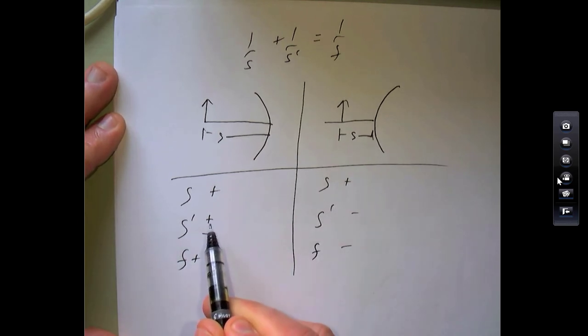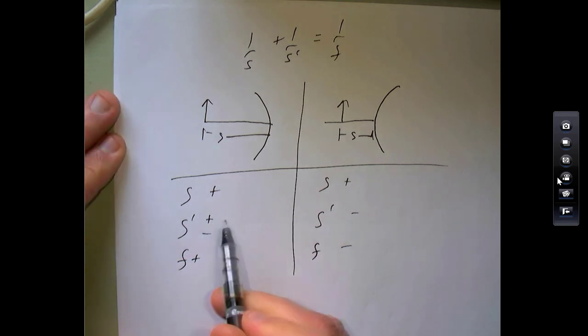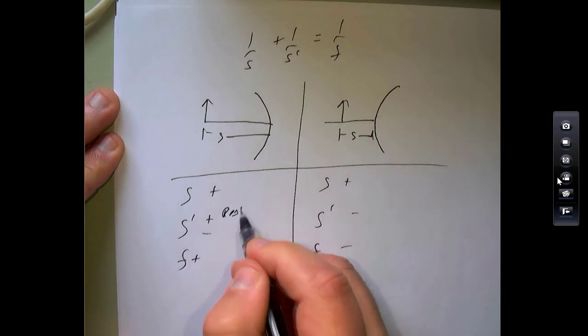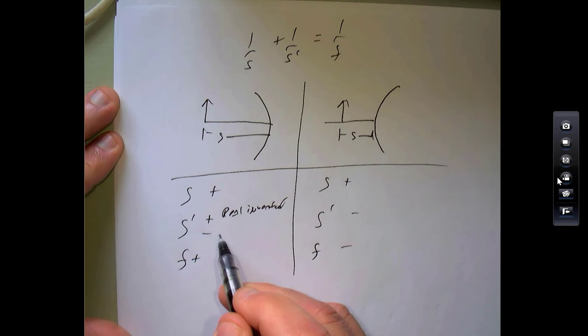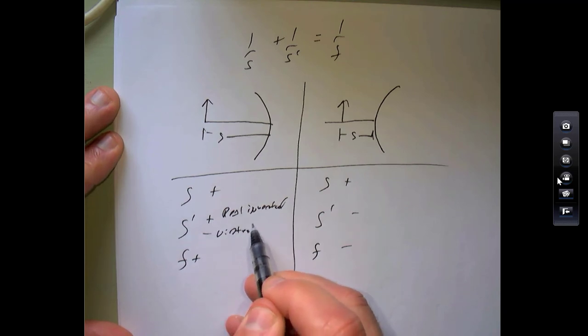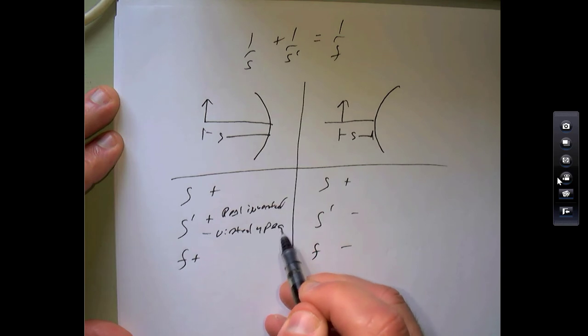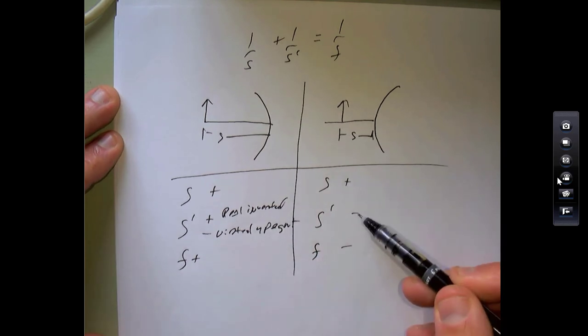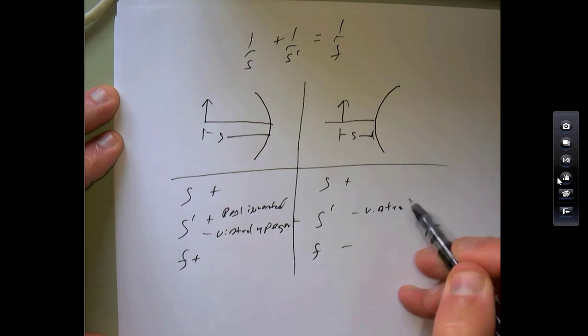So here, S prime being positive, same kind of idea that we had with the lens. S prime positive, this is a real inverted image. This is virtual and upright. So you can see this always only gives you negative. Virtual, upright.